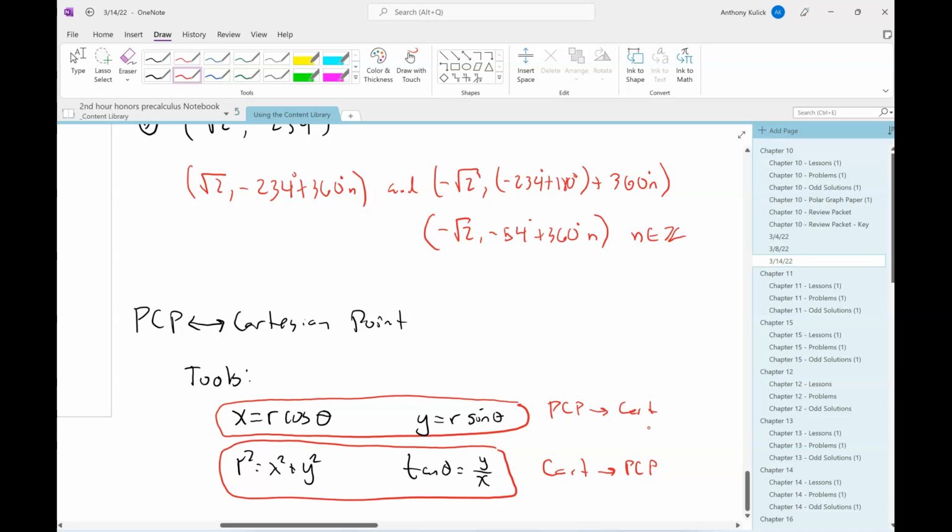The first two we're going to use going from a polar coordinate point to a Cartesian point, and the second two we'll use to go from a Cartesian point to a polar coordinate point.